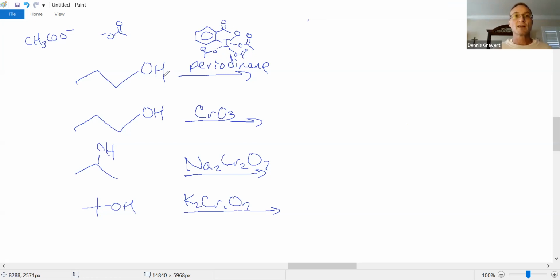Okay, the pattern is take off the H, double up the bond. Strong oxidizer, take off the H, double up the bond. Oh, wait. Strong oxidizer versus mild, add another O. Oxidation usually results in more oxygens being added. Okay, strong or mild, pyridinane, whatever. Secondary alcohol, take away the H, double up the bond.